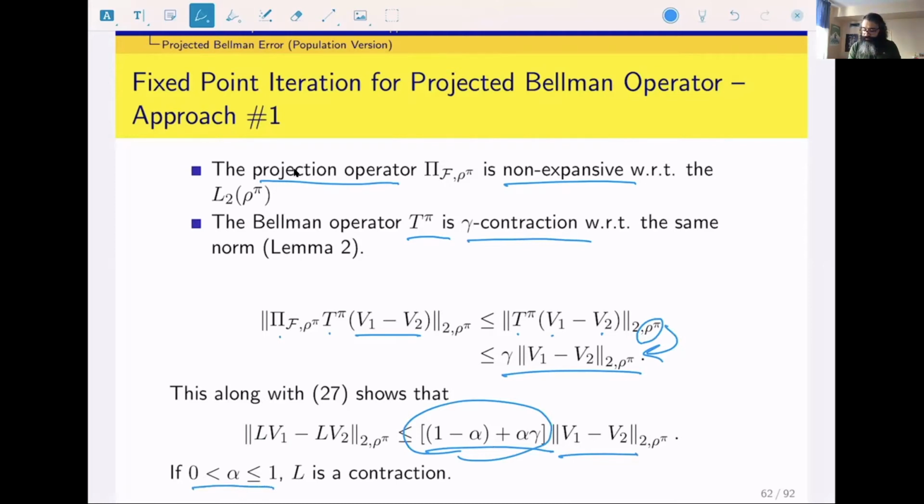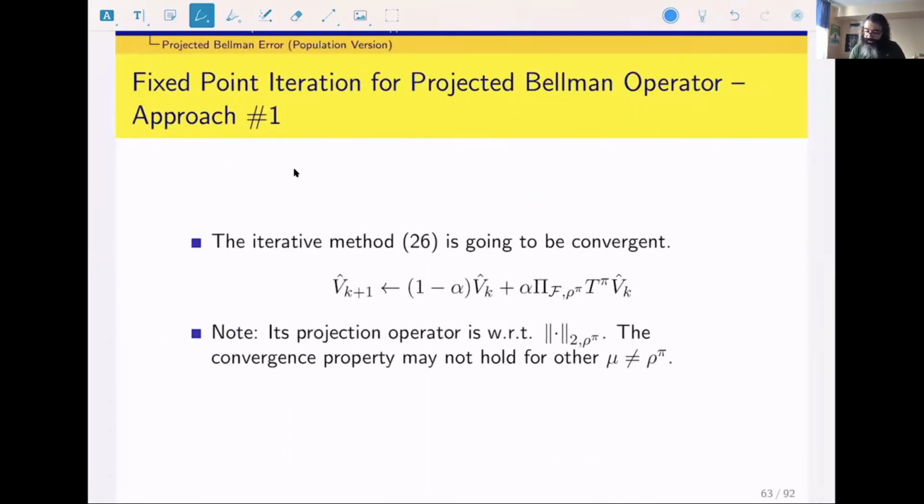So that shows this is a contraction operator. Because of the Banach fixed point theorem again, this would converge to its fixed point, and its fixed point would be the same as the fixed point of the original projected Bellman operator. So this would be our procedure.